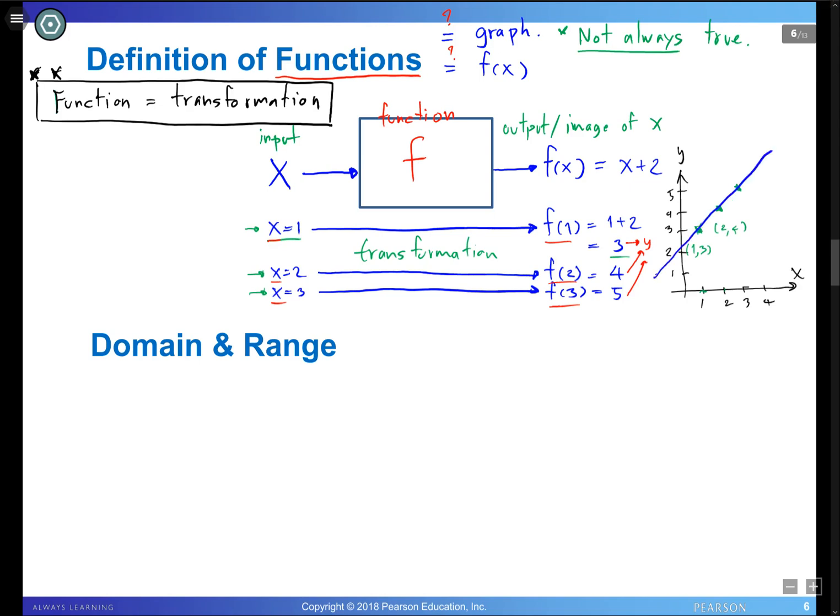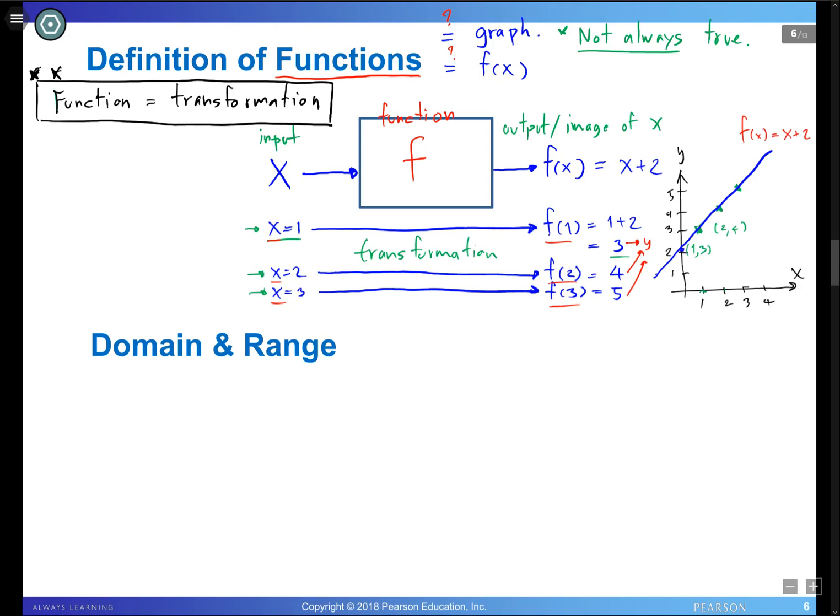Alright, so not just these three, we have all the points between them and beyond them and before them. So in the end, we have this f(x). So I can say that this is the graph of f(x) equal to x plus 2. So we have this straight line of slope 1 that crosses the y-axis at y equal to 2.